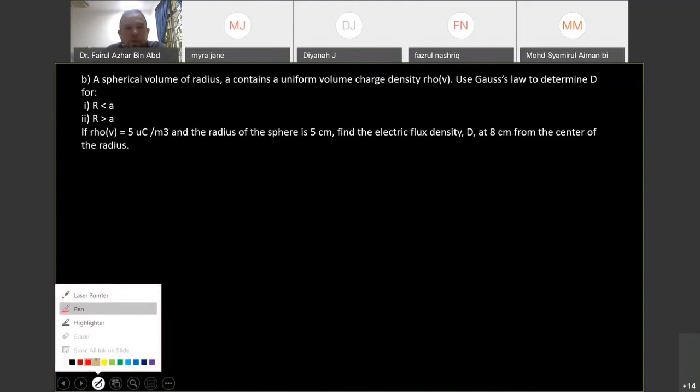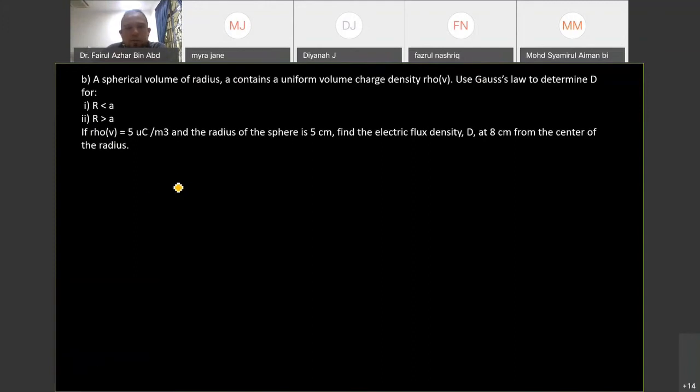So let's say we have one spherical volume charge density like this, with rho v, and this spherical shape has radius a. We need to find the expression for D at the inside of the charge and outside from this charge.